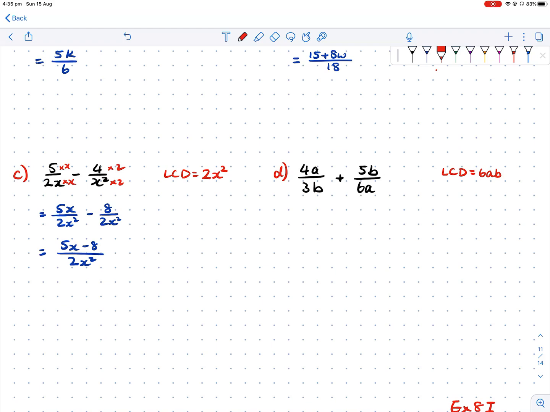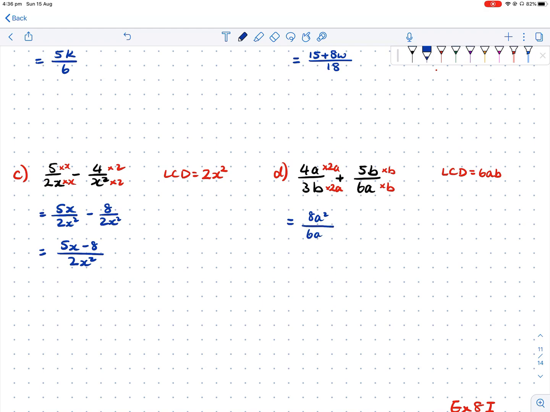In the first fraction, we've got 3b already, so we're going to need to multiply the top and the bottom by 2a. In our second fraction, we've already got 6a, so we need to just multiply by b. And so if we write that out, that numerator, 4a times 2a is 8a squared.